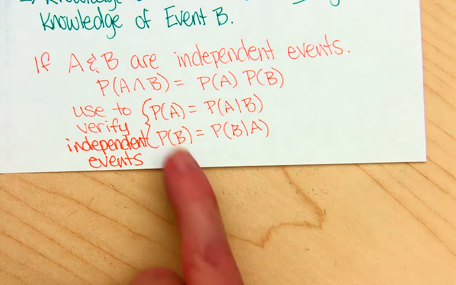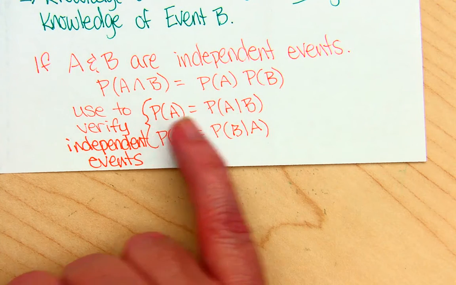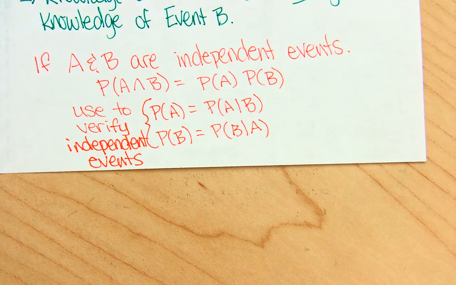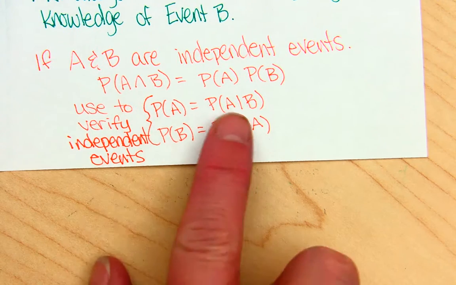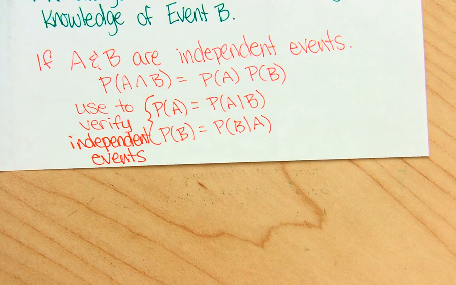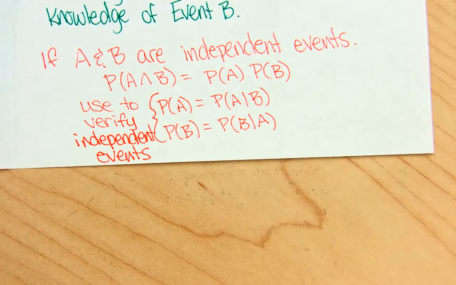And you can do it for either one. You don't have to do both. Just show either the probability of A is the same as A given B, or the probability of B is the same as B given A. If you show one of those is true, then you have shown they are independent. If you're showing they are not independent, same thing. You would just show these are not equal. So anytime you're asked to say, are these events independent? This is what you're going to do to check one of those two.